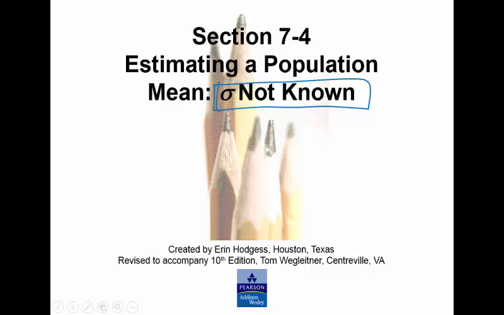So the hard part about this section is that we're going to get introduced to a new distribution. The easy part about this section is just going to be another calculator command for us. All right.